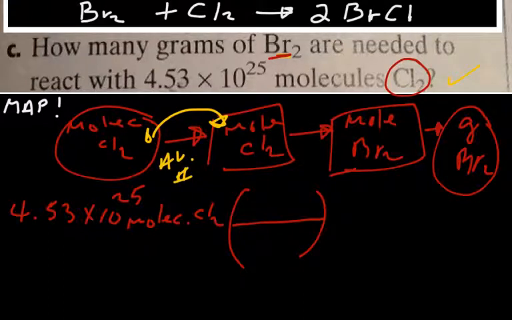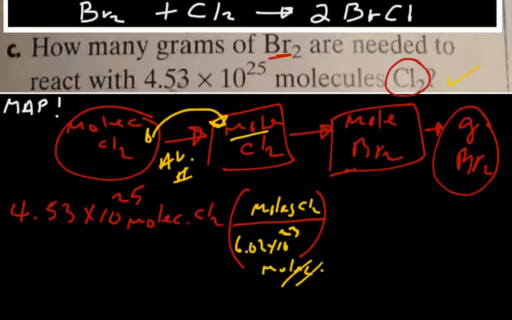Since we're trying to find moles, moles goes in the top right here. So we'll put moles of Cl2 in the top, and we'll put Avogadro's number, which is 6.02 times 10 to the 23rd power, in the bottom right here, and that's molecules. All right, and that unit of molecules will cancel this unit of molecules right here for Cl2. We just successfully changed our molecules into moles.